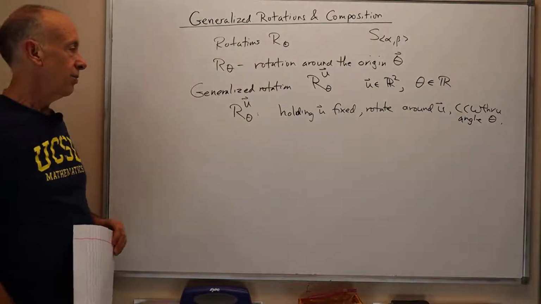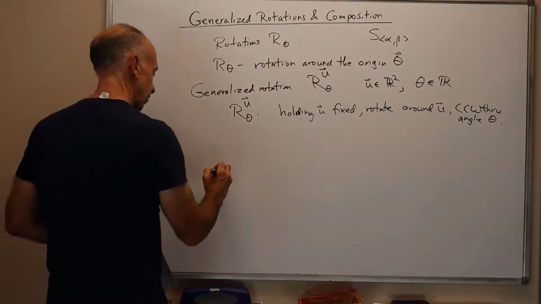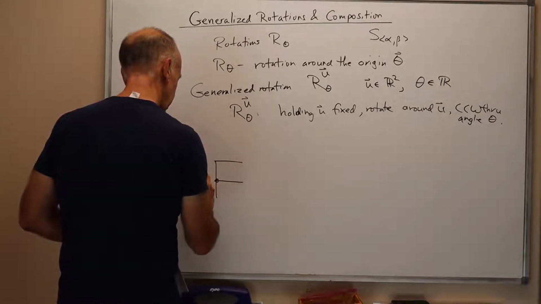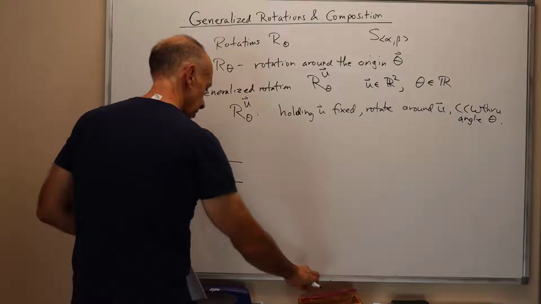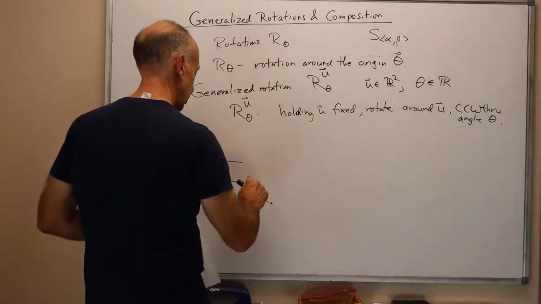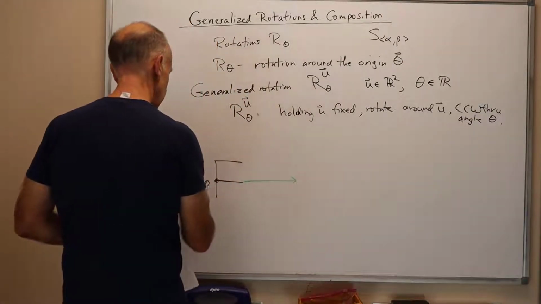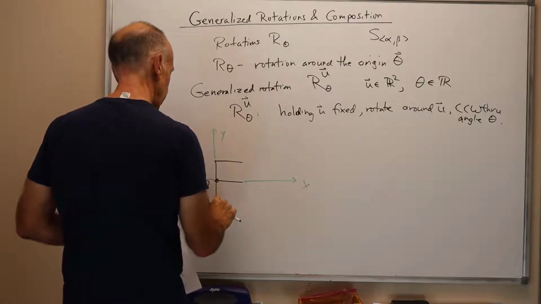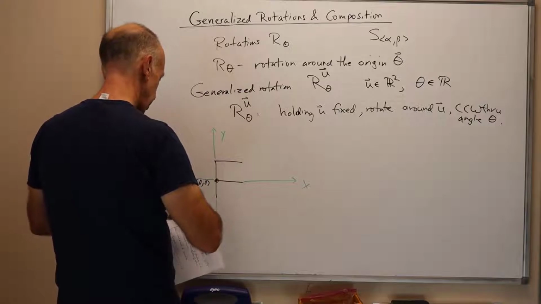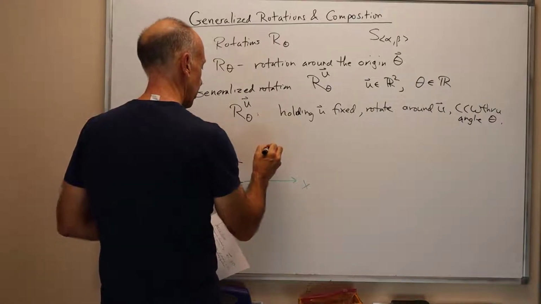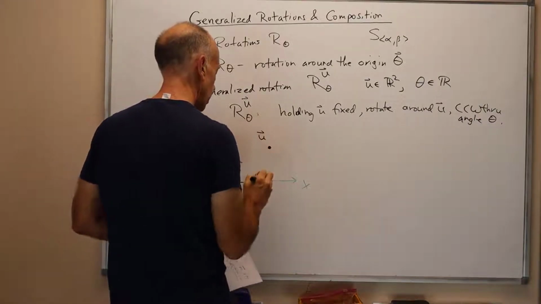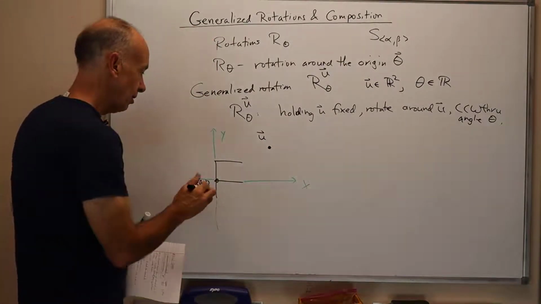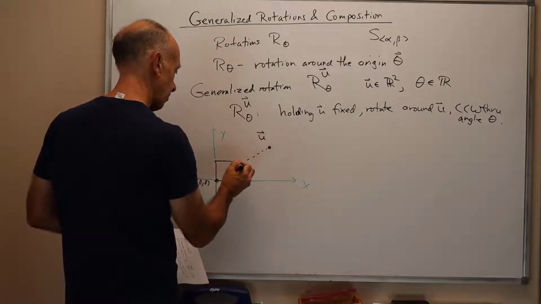The picture for this is, let's take F in the standard position again. Here's F, sitting as usual with its center at the origin. Might as well draw some axes here: here's the x-axis, here's the y-axis. If we have a point u here and we want to rotate angle theta around u, we're holding u fixed.